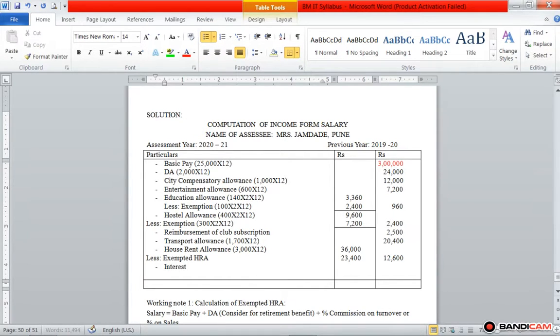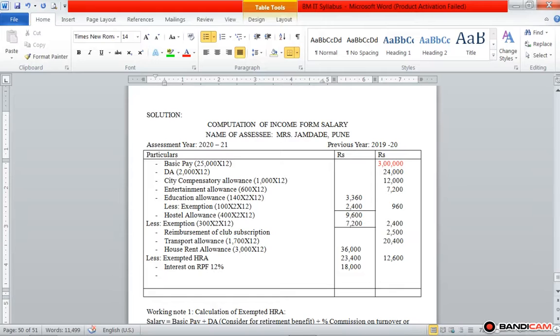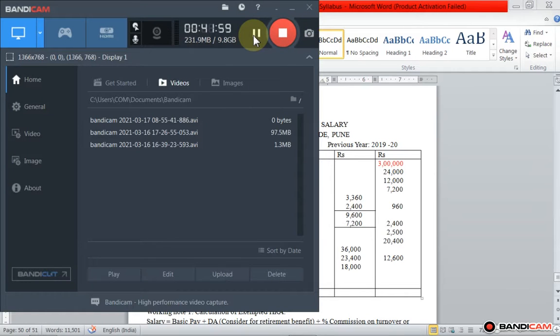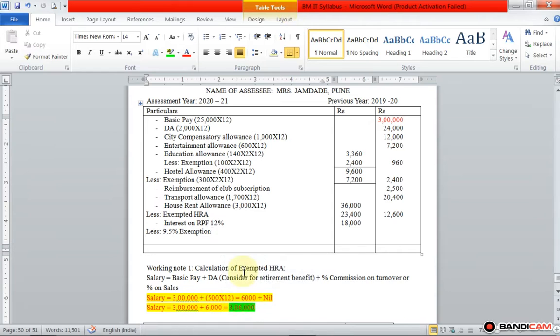So interest on RPF at 12% amounted to rupees 18,000, less exemption of 9.5%.